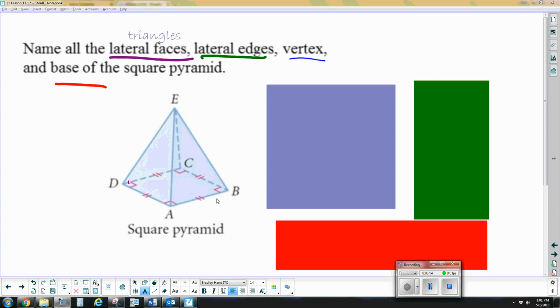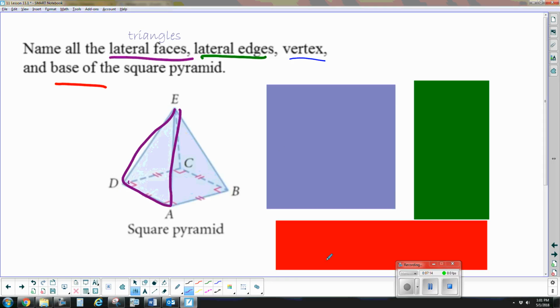So this pyramid has a square base, but all of the lateral faces are going to be triangles. For any pyramid, your lateral faces are going to be triangles. So when we identify our lateral faces, we're looking for this triangle.